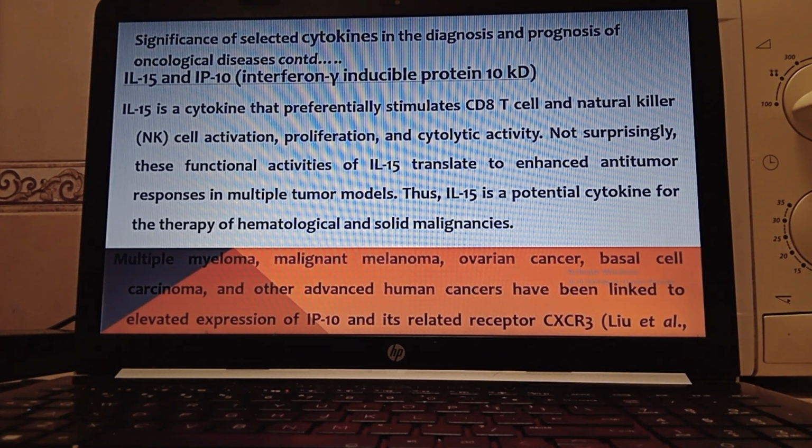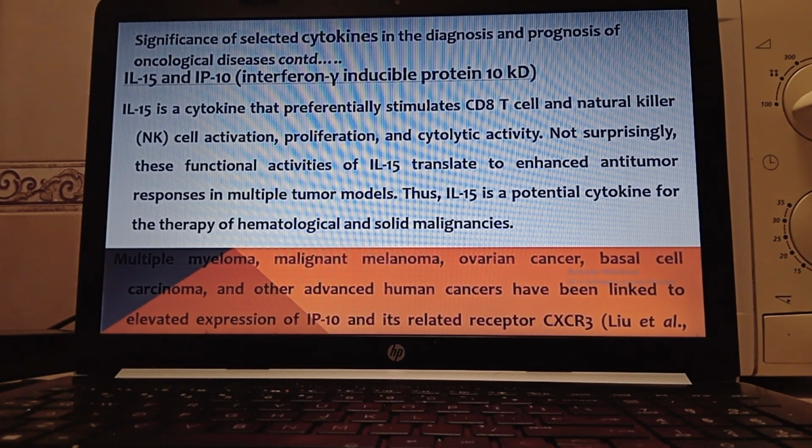Not surprisingly, this functional activity of interleukin 15 translates to enhanced anti-tumor responses in multiple tumor models. Thus, interleukin 15 is a potential cytokine for the therapy of hematological and solid malignancies.